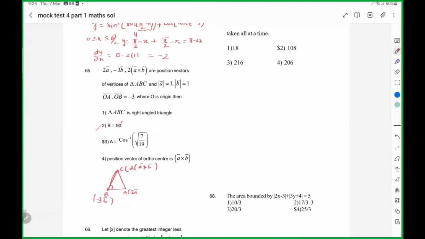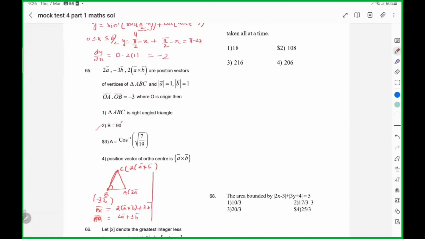What I am doing is I will take BC DRs. BC vector I will write as OC minus OB, 2 times A plus B plus 3B. BA will be 2A plus 3B.